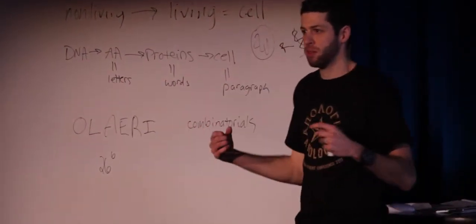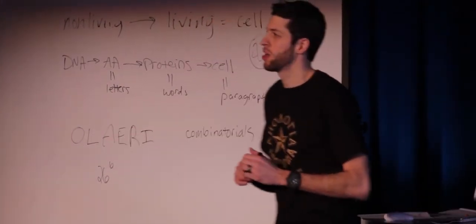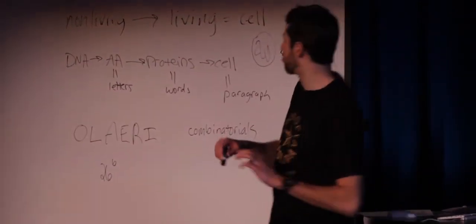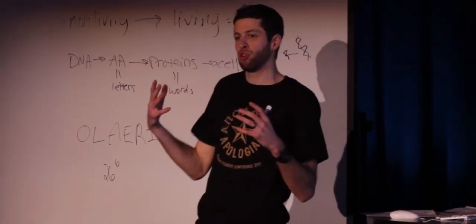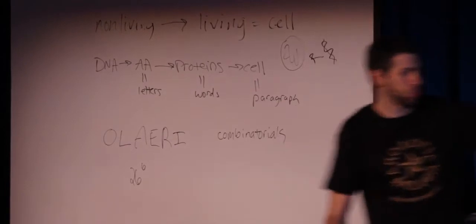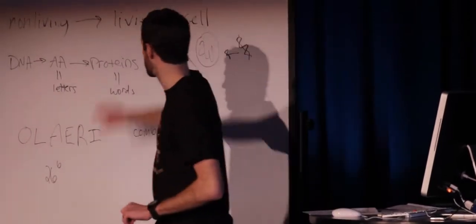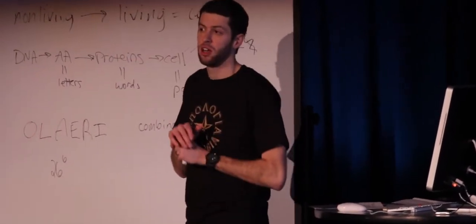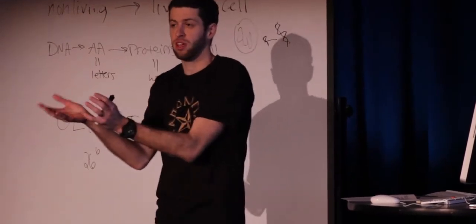Things acquire traits that make them stronger or better fit, and they go on. Well, what if we apply that same principle to non-living to living? It's more beneficial for molecules in this kind of soup. This is non-structured, just a picture of molecules. What if it went from this to living, to the DNA we saw, because that is more beneficial? Give it enough time, and it'll turn into something living.